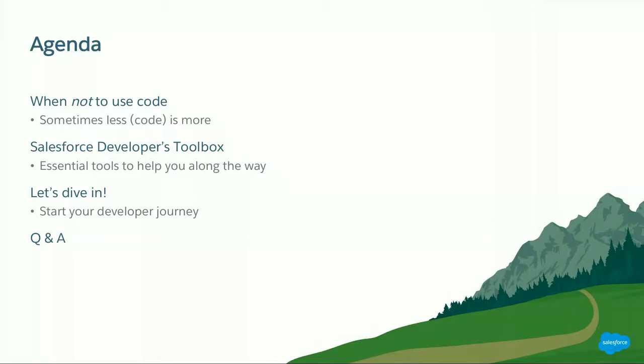I will give you recommendations on how to choose the tools that you will need while you are doing Salesforce development. And last but not least, of course, we are going to do a quick demo. I'm going to show you a quick example, a very small task, show you some code, and we will see how easy it is to get started.